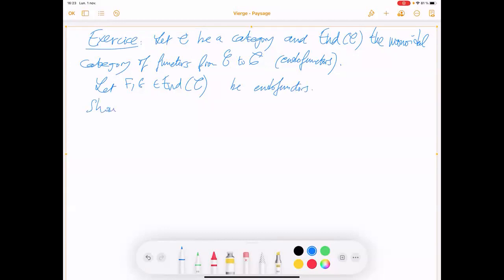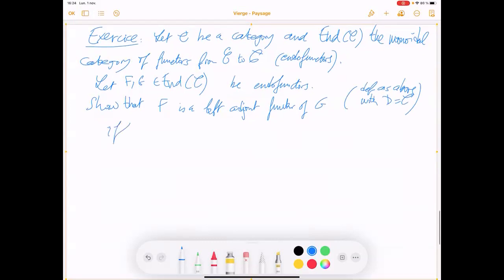So the exercise is to show that F is a left adjoint functor of G, with the definition as above with D equals C, if and only if F is a left dual of G in the monoidal category End(C).